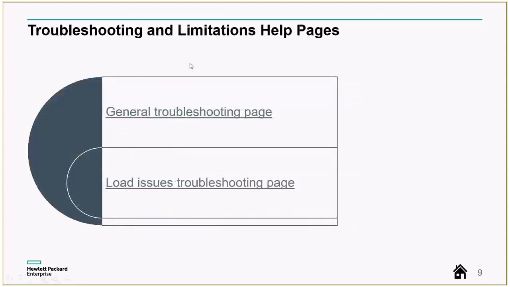Okay, before we continue with the topics, I've added links to two help pages that we have online. I'm not going to go into them right now, but just know that you have a troubleshooting page for general troubleshooting, including some browser-related troubleshooting, as well as load-related issues, and mainly about how to scale TruClient when you run a load test.